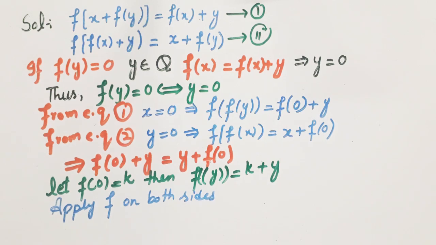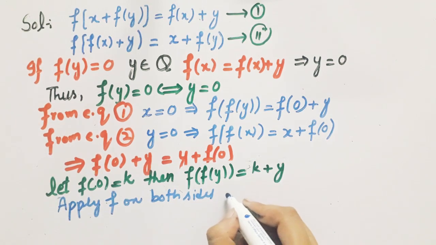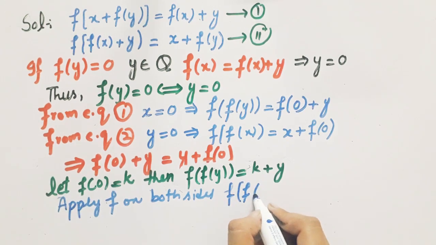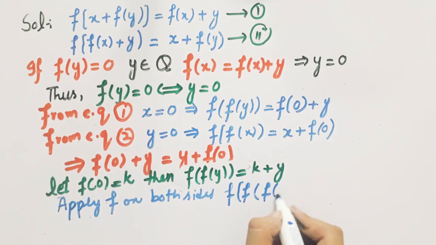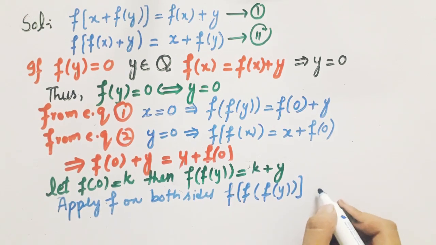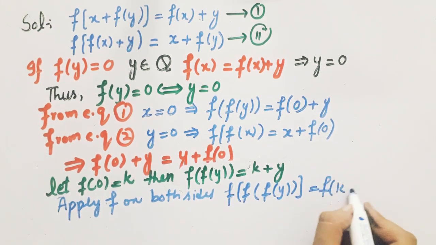Both sides will give you f(f(y)) = f(k + y).